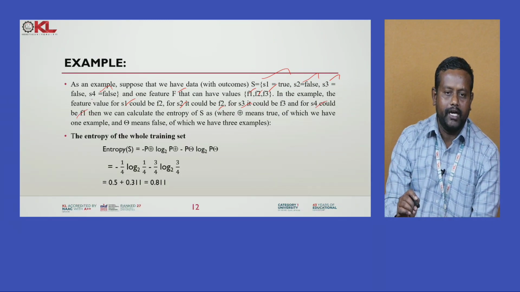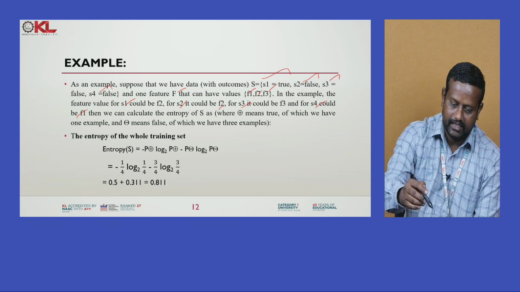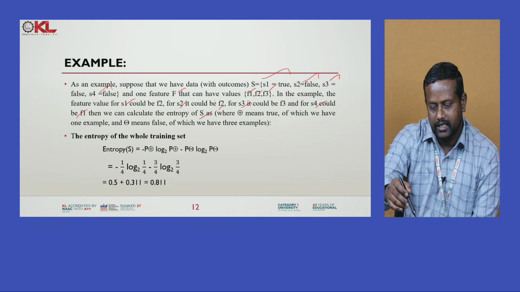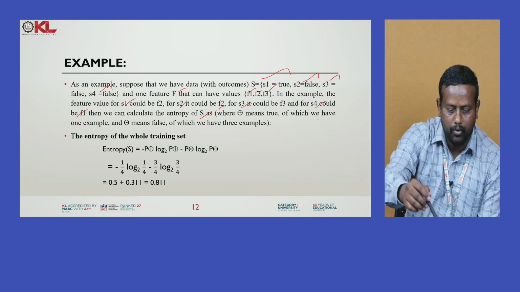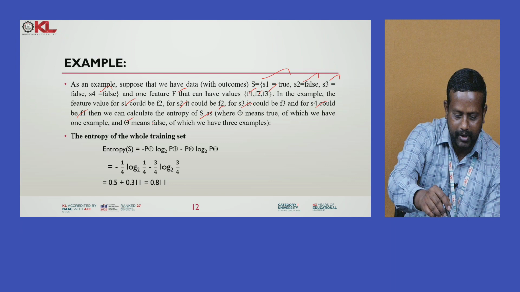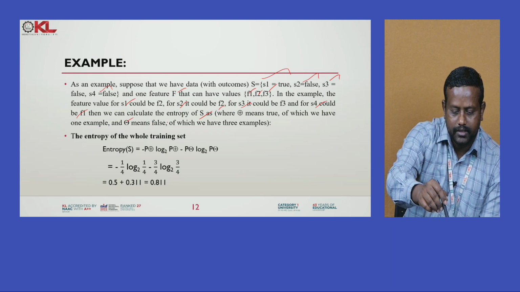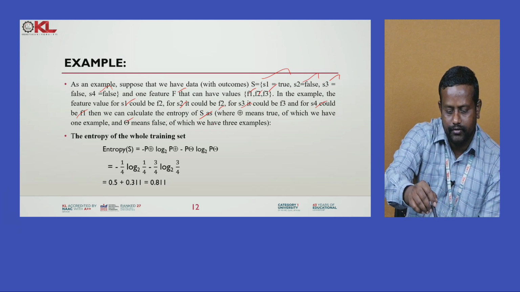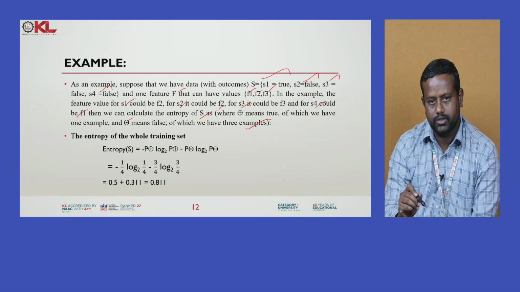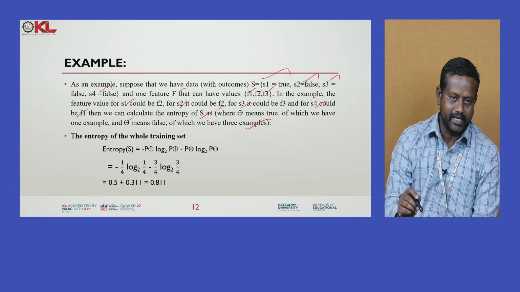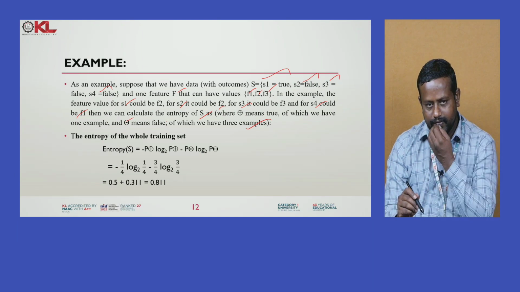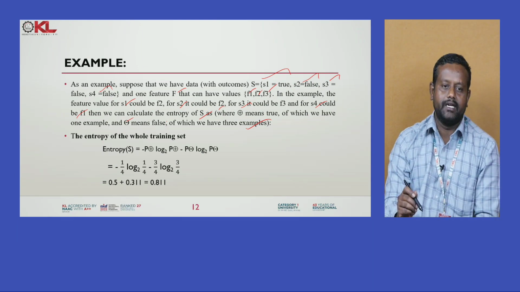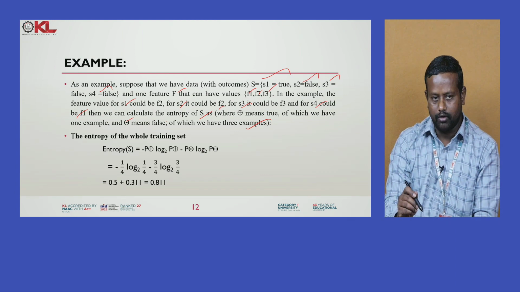Now we can calculate the entropy for the whole set S, where plus means the true, of which we have one example, and minus is false, of which we have 3 examples. We have 1 true example and 3 negative examples or false examples. Based on this, we have to find the whole set entropy.